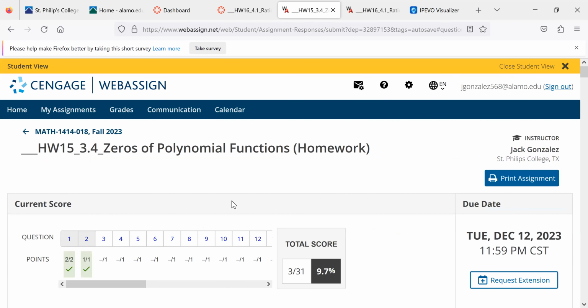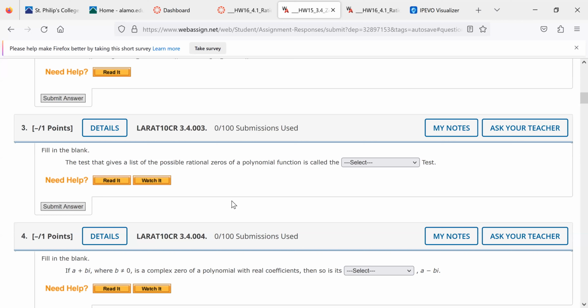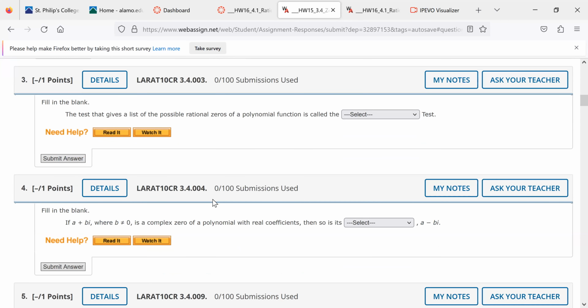3.4. Zeros of polynomial functions. Okay.